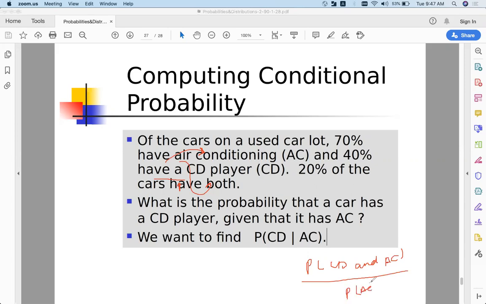Now what is the individual probability? The probability of AC is basically 70%, since 70% of the cars have AC, so this is 0.7. And the probability of having both CD and AC is basically 20%, so 20% of the cars have both, which is 0.2.